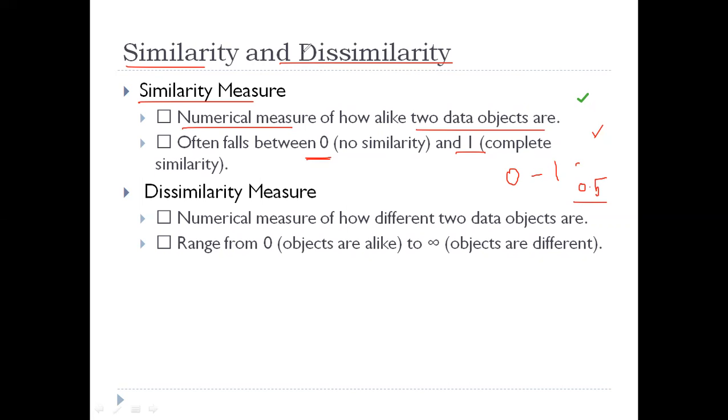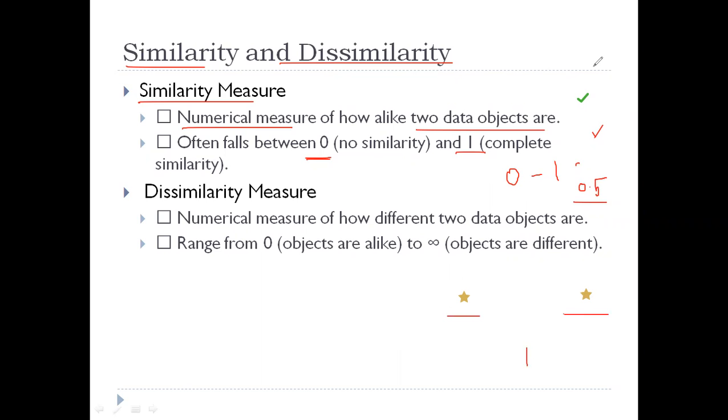For example, assume this is one star and this is another star. Here we have two data points. Are these two similar or dissimilar? They are 100% similar: both are stars, the color is the same, and the size is the same. So I can represent the similarity between these two objects by using 1.